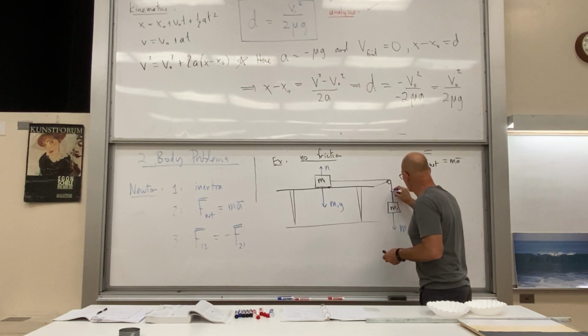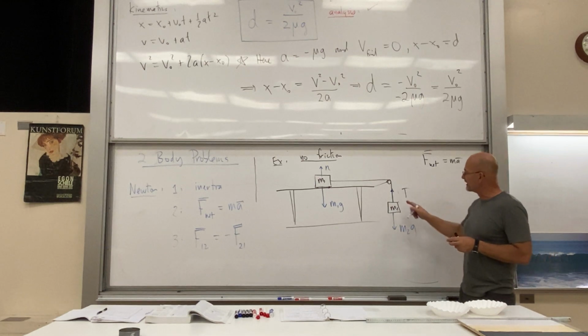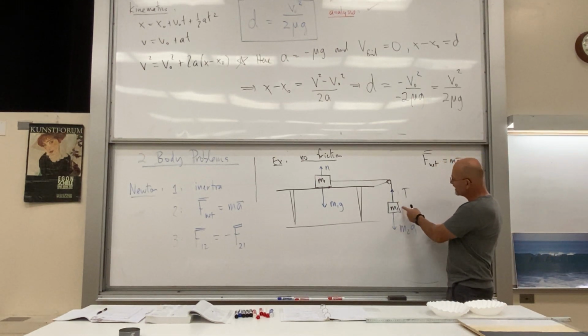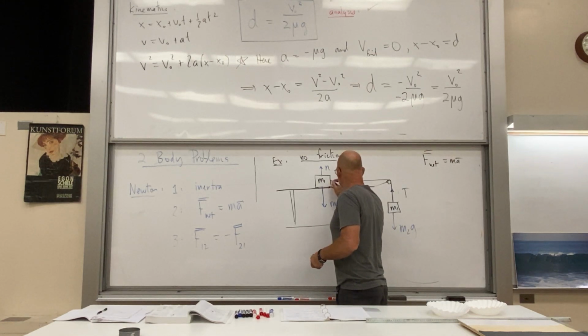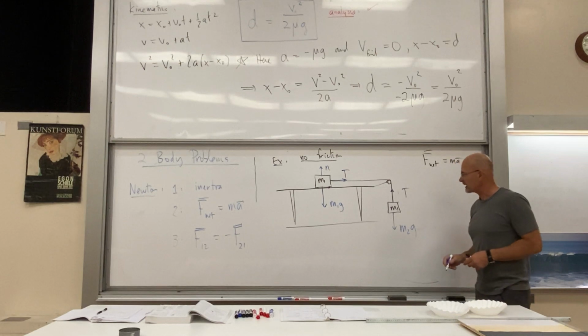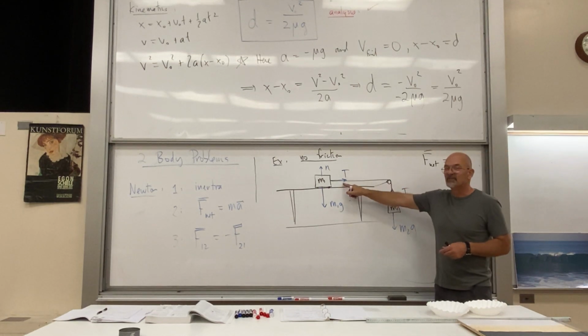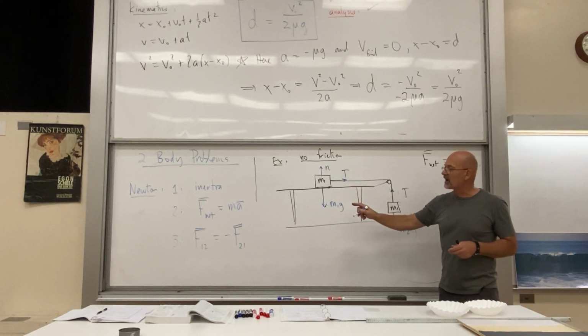a tension here, okay? And here's where Newton's third law comes into play. This tension is what's acting on M2, and this same tension here is what's pulling M1. So these two tensions are the same because it's a massless string. That's by Newton's third law, right?